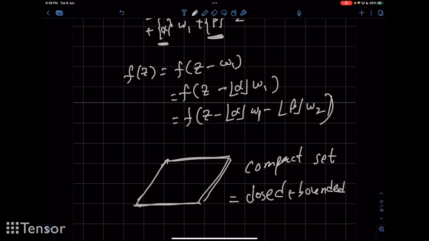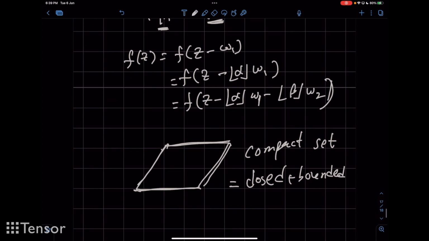This is a closed set, and it is bounded as well because we can bound it inside some closed ball. Also, one thing to remember is that the definition of a compact set is not closed plus bounded for general topological spaces. This is only true for the spaces we are interested in.